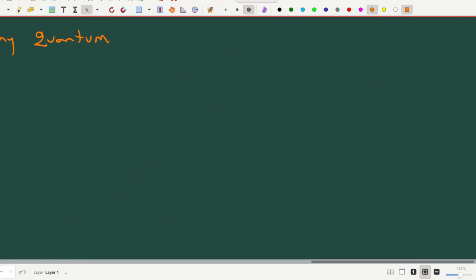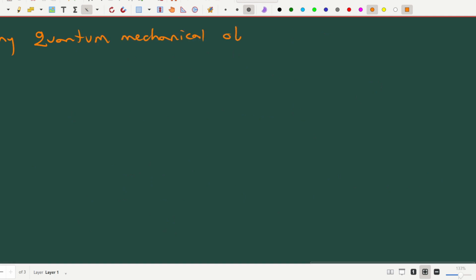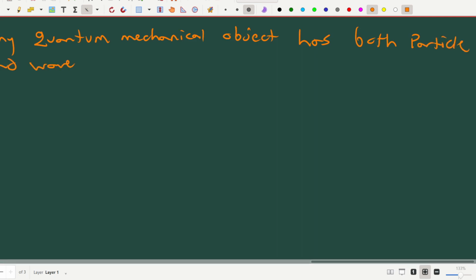So any quantum mechanical object, and I mean any, has both particle and wave-like properties.